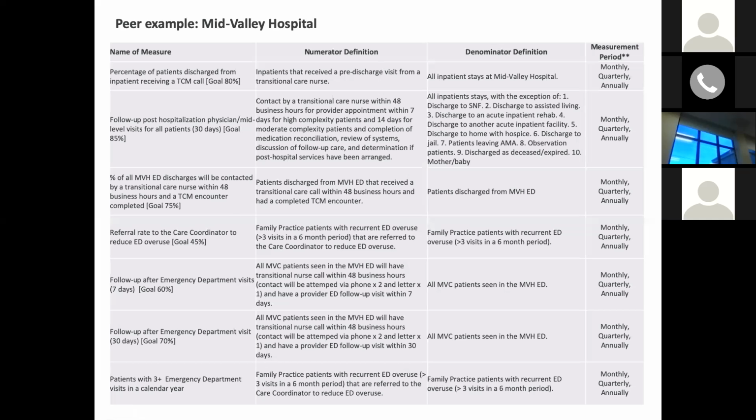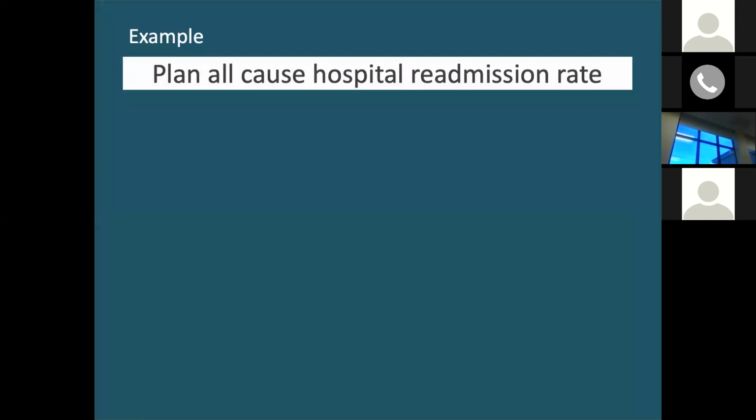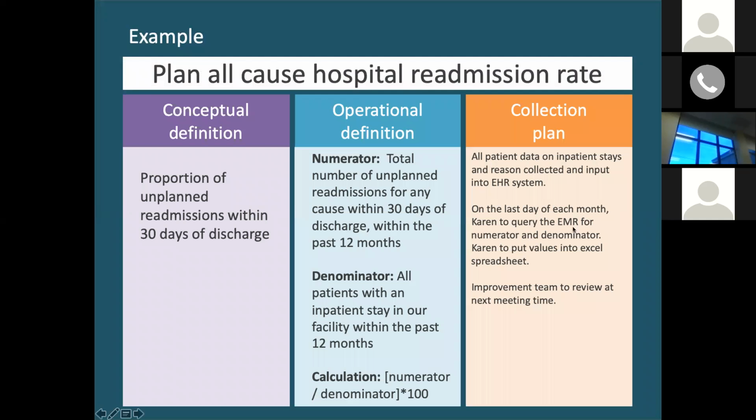A collection plan would include more detail. Who is going to grab that data? How are they going to process it? Where do they pull it from? Is it manual? Is it from the EHR? And, as Tracy described, when is it going to happen, such as the last day of each month.